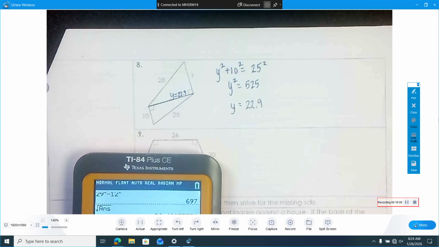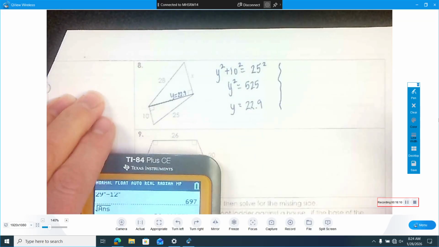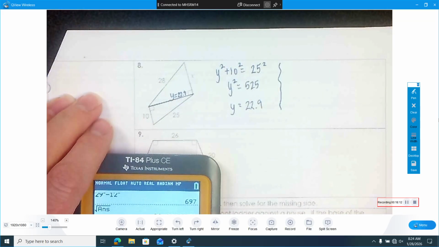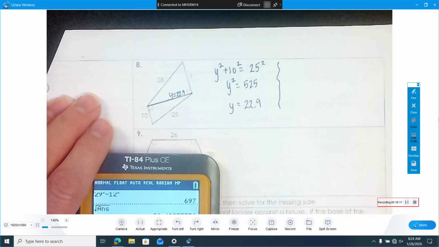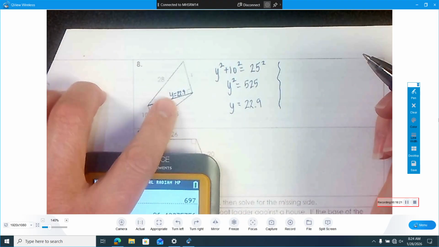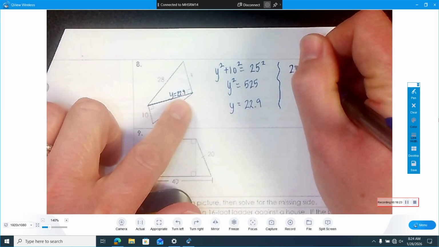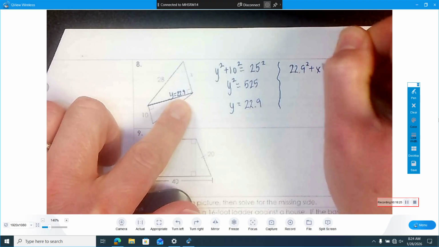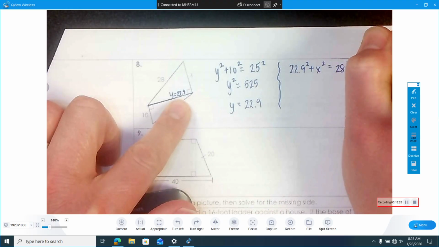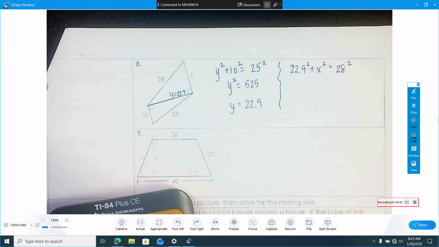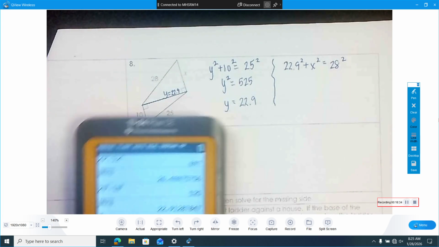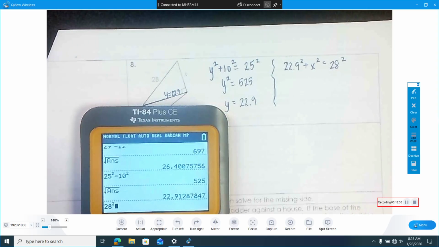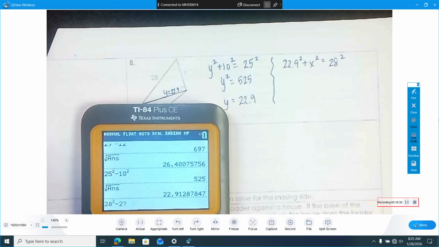And what can I do then to figure out X? So you put in 22.9 to the power of 2 plus x to the power of 2 equals 28 to the power of 2. Beautiful. So 22.9 squared plus the X squared now equals our 28 hypotenuse squared. All right, cool. So then I can do 28 squared. I'm going to subtract the 22.9 squared.